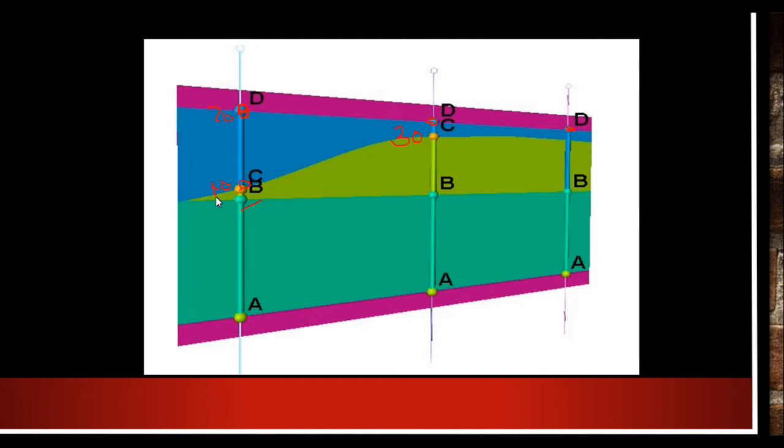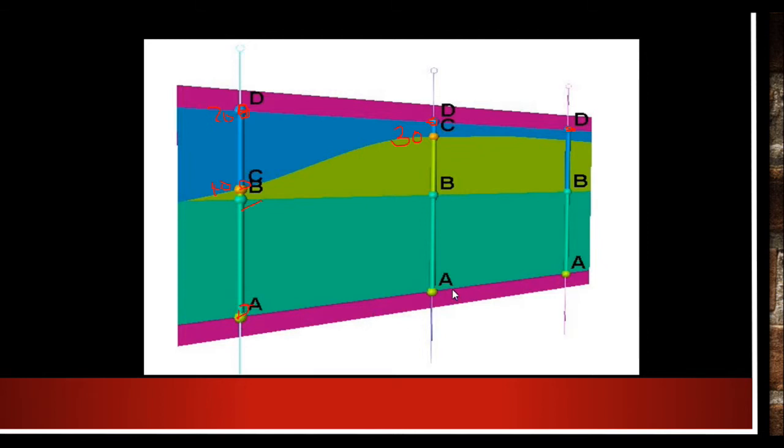So once you have this kind of data, when you want to create a surface, when you want to create a model, it will show you the exact shape of the geological model in the ground. So this is one of the very important data you need to have when creating a geological model. That's why I've just shown you the well tops, the way they can be used to create a model.